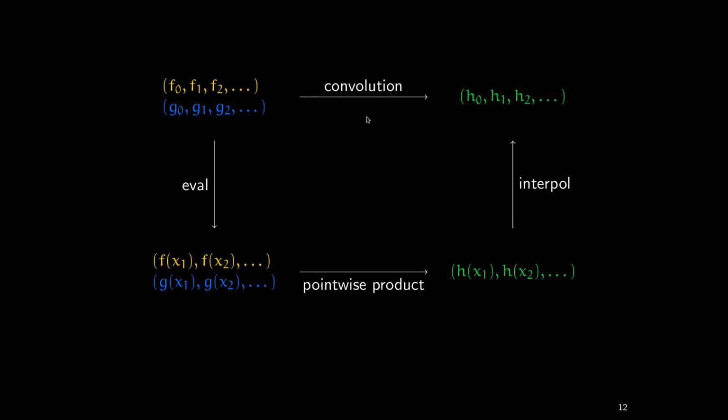We don't want to spend a quadratic amount of time. We cannot afford this. So we take a detour and first evaluate both f and g at certain points, so we get the list of values of f and g at some points. Then we do the pointwise product, which is fast, and then we have the values of the product at all the evaluation points, and then we interpolate these values to get the coefficients of h.